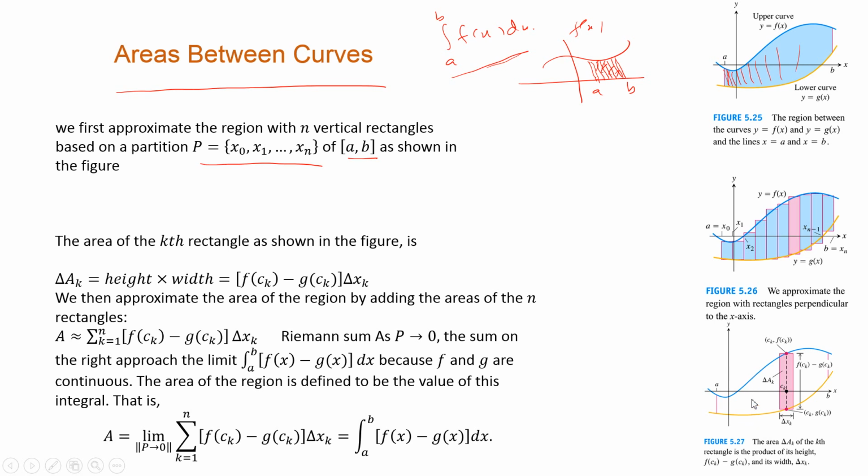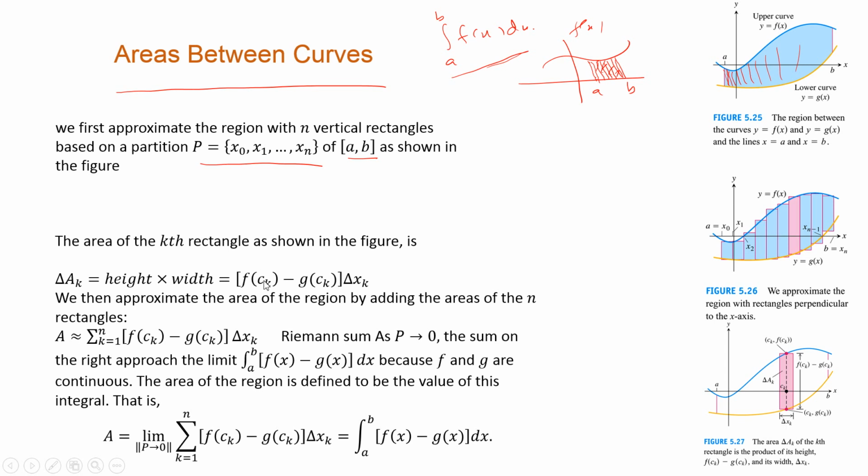So we always subtract the value of the function in this order: the value of the upper curve minus the value of the lower curve. You may say height of the upper curve minus height of the lower curve.